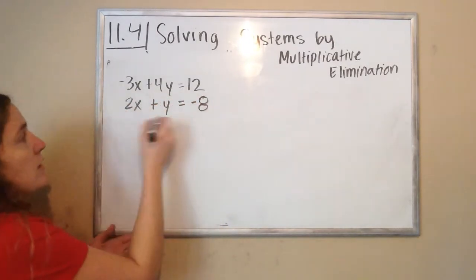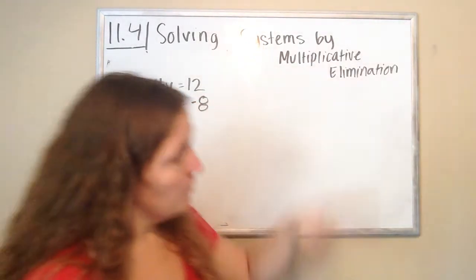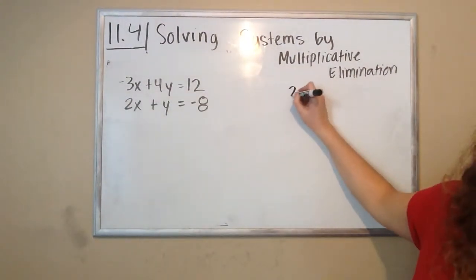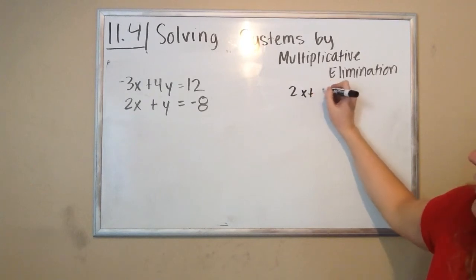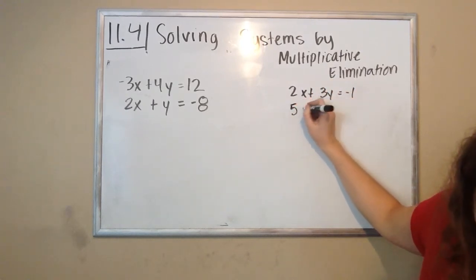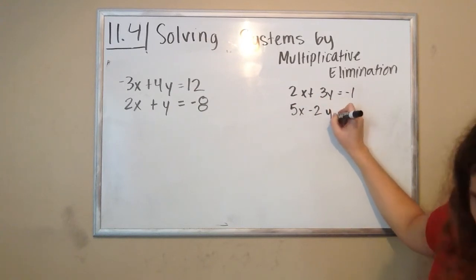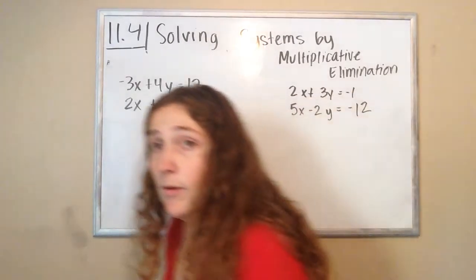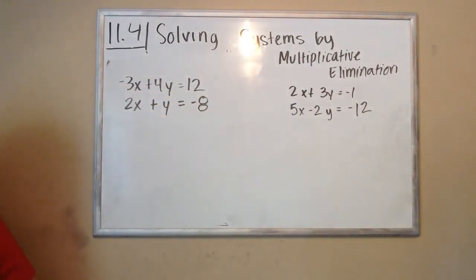That's one that you need to solve by multiplicative elimination. On the left-hand side, please, the other one that you need to solve. When you finish, do your homework, and then remember we had a quiz on Friday, test on Friday.